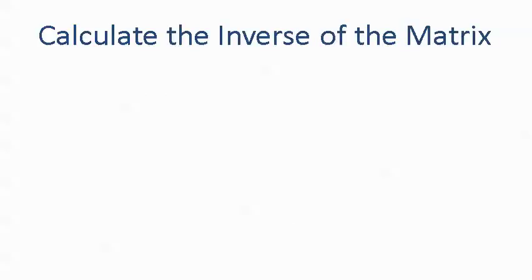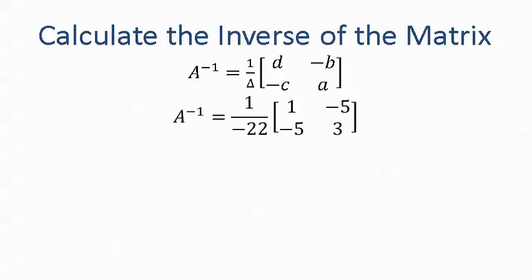Okay, so let's take what we've seen about structure and put our pieces in place. If we know that the inverse of A is equal to 1 over the determinant times the matrix D, minus B, minus C, A, then by plugging our numbers in, the inverse of A is equal to 1 over minus 22 times our matrix, which is 1, minus 5, minus 5, 3.